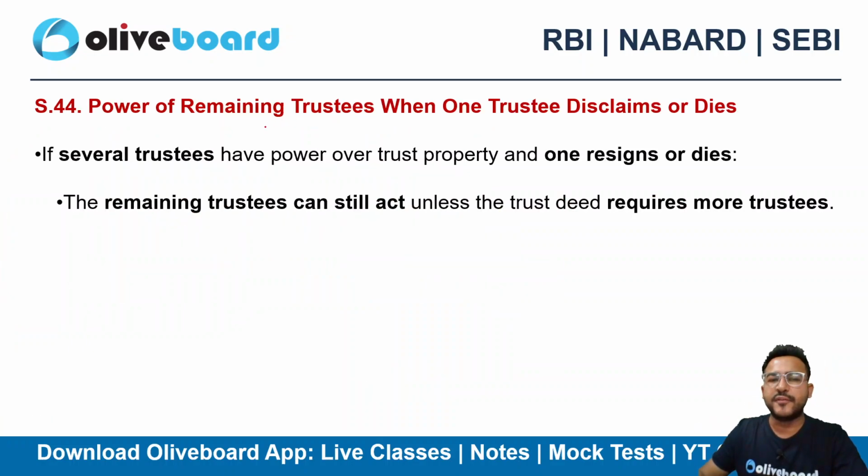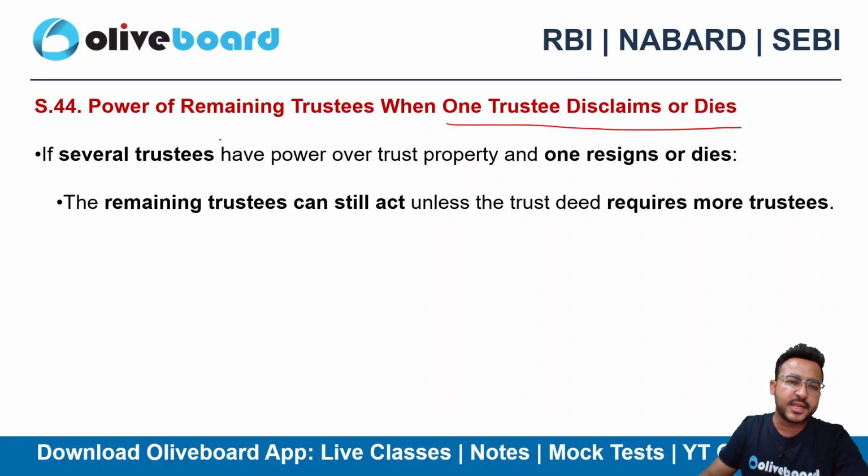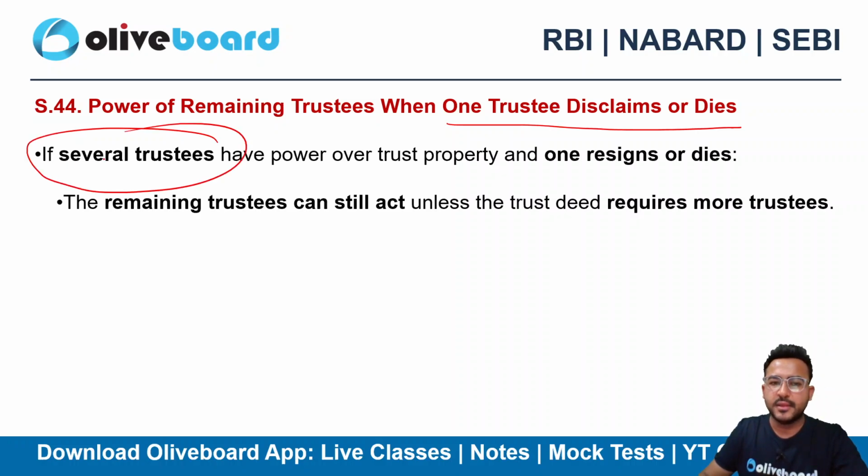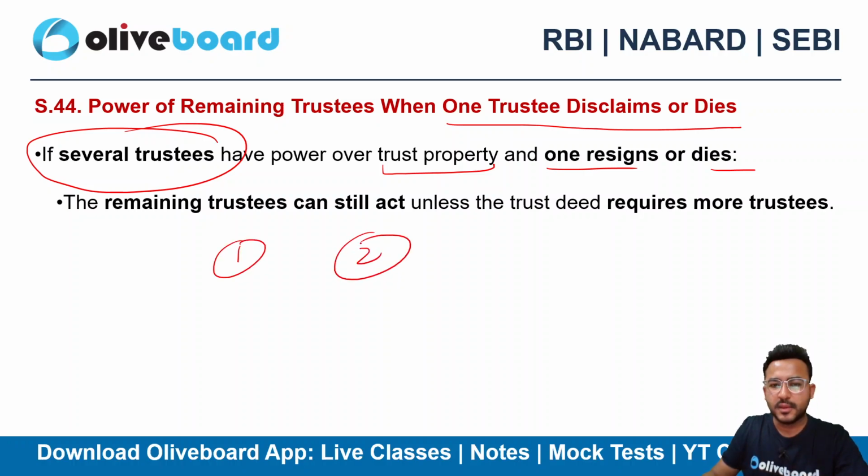पावर ऑफ रिमेनिंग ट्रस्टी व्हेन वन ट्रस्टी disclaims or dies. Now there are several trustees here, right? They have the power over the trust property and one resigns or one dies. Let's suppose there are 2 trustees and Mr. B resigns or dies.